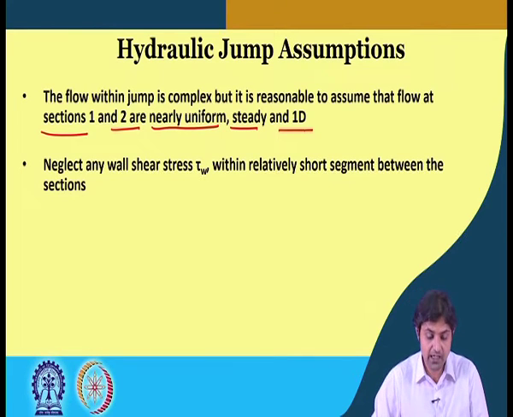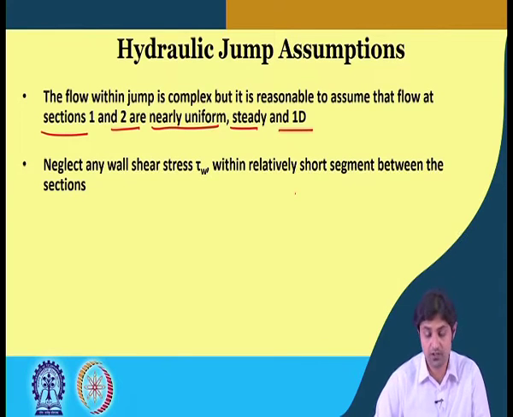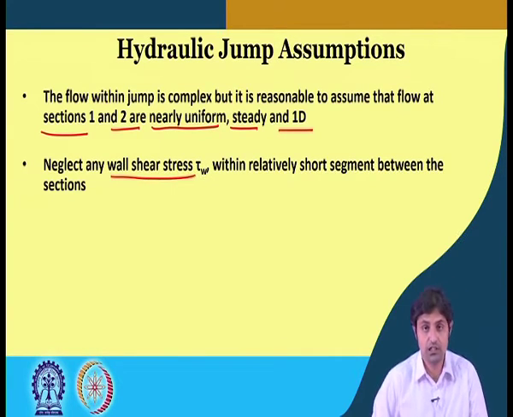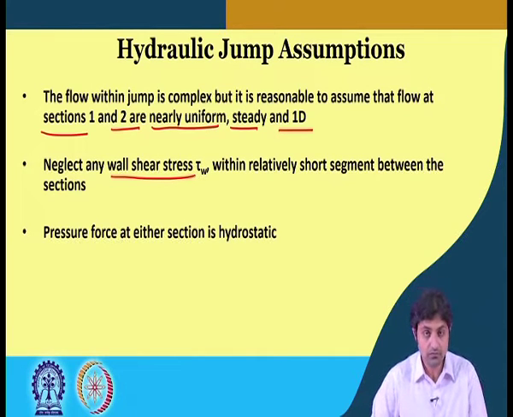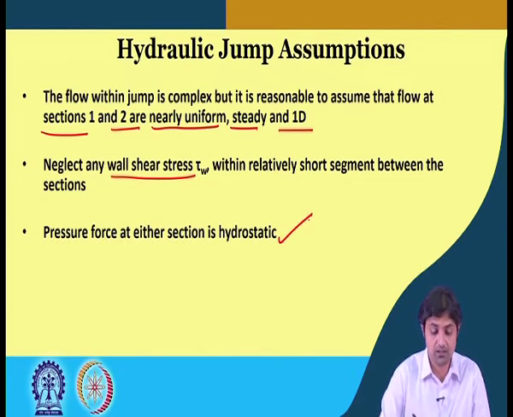We have to neglect any wall shear stress within the relatively short segment between the sections. So, we neglect the wall shear stress tau w for the derivation of the hydraulic jump. Since at section 1 the flow is nearly uniform, steady and 1D, the pressure forces at either section will be hydrostatic. This is another assumption.